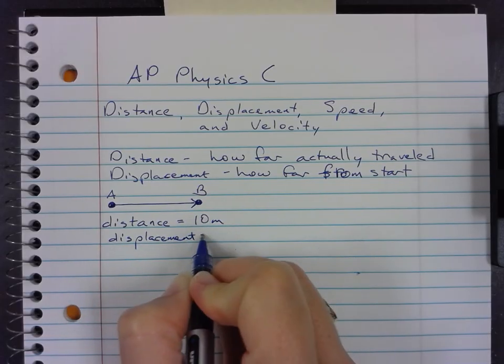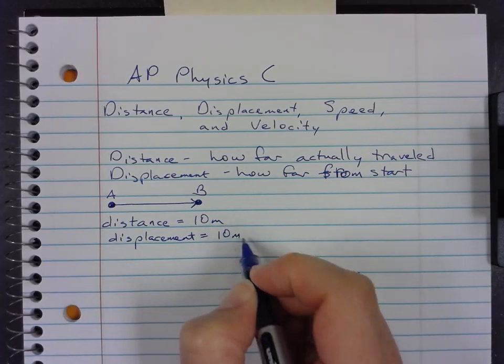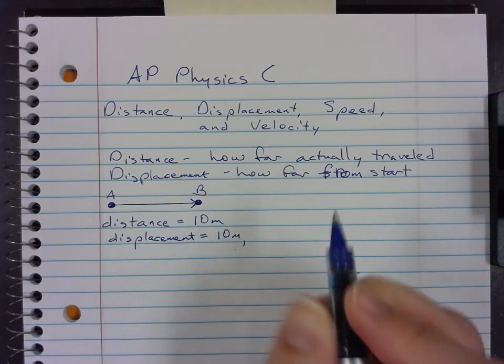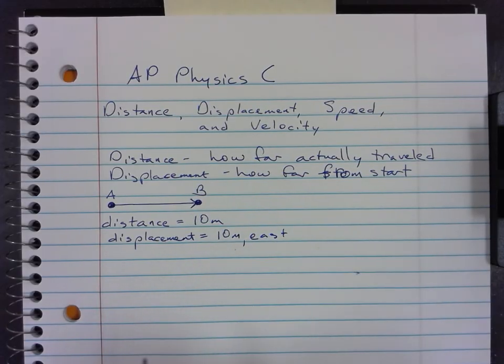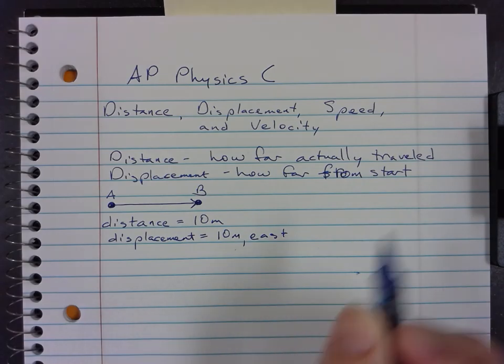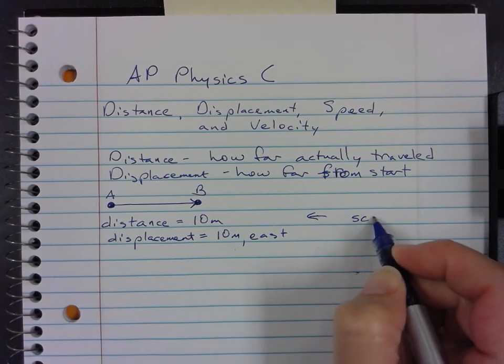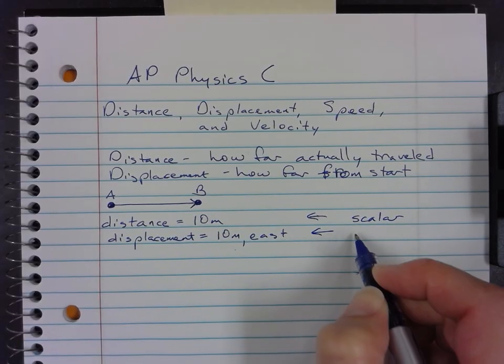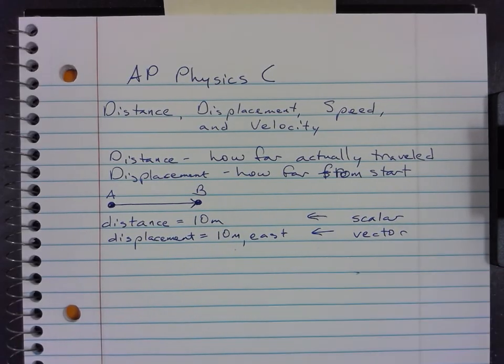This would also be a displacement of magnitude 10 meters, but displacement is a vector, so it also has a direction. Let's go with east for this particular one. So remember, distance scalar, displacement vector.